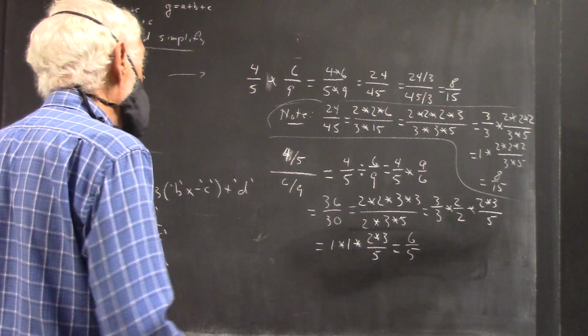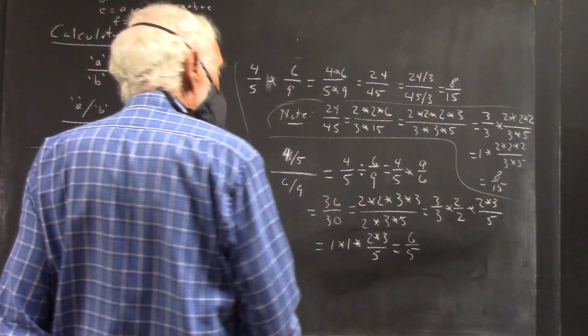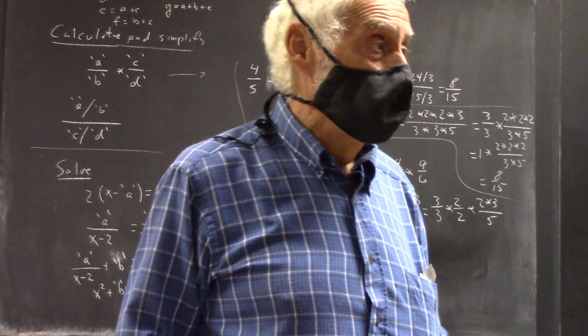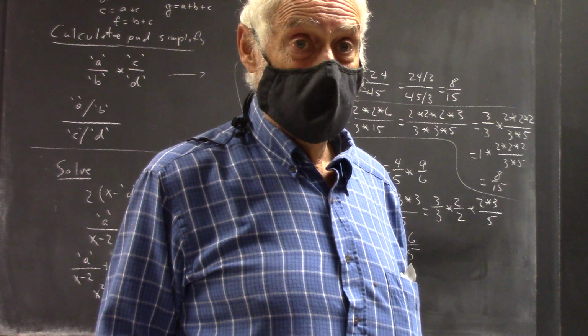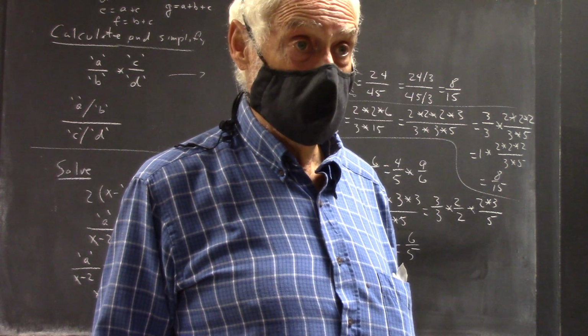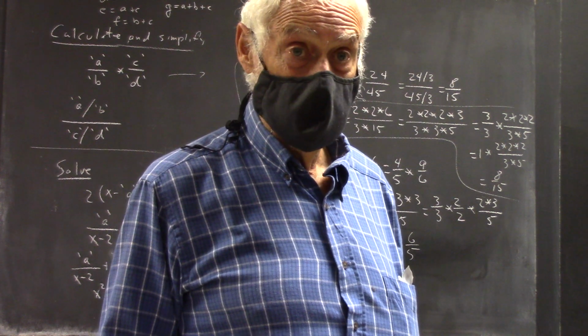Now there are rules for cancellation, but nobody ever learns them well. Now when I say nobody, 1 person in 100 who comes into my pre-calculus class really knows how to cancel, okay?